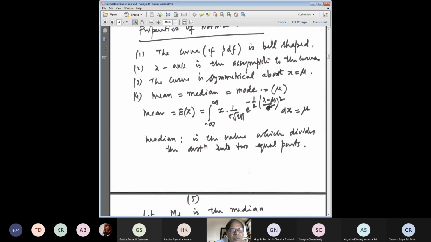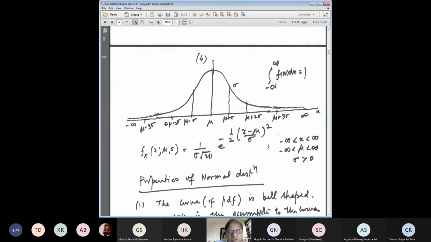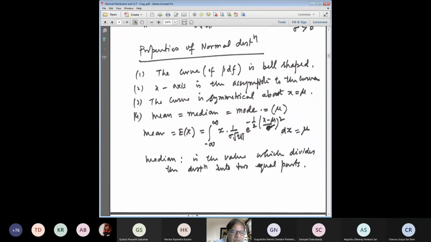These points are located on the graph. As you can see, mu minus 3 sigma to mu plus 3 sigma covers 99% of the area. Beyond mu plus 3 sigma or below mu minus 3 sigma, the area is very small and a negligible quantity.